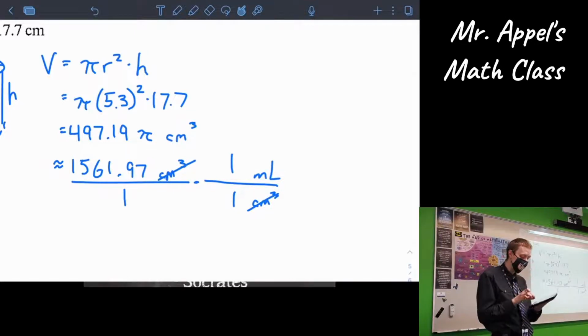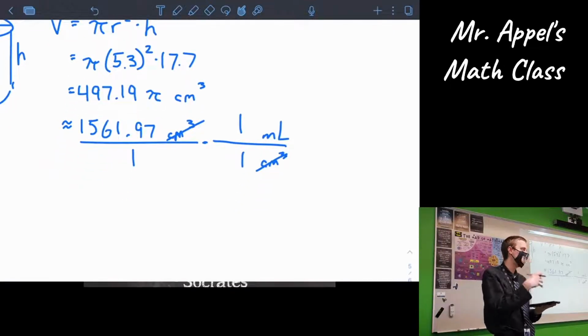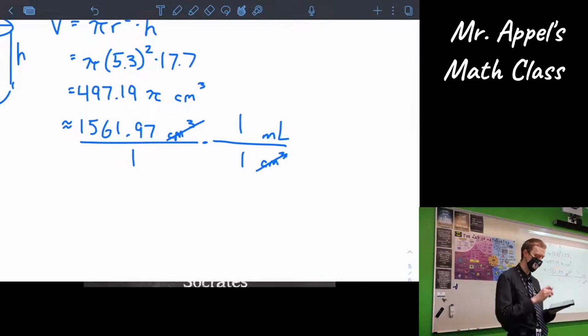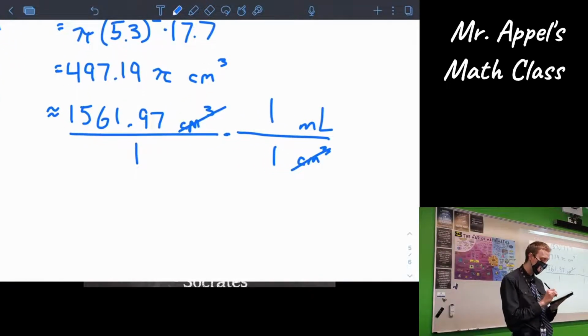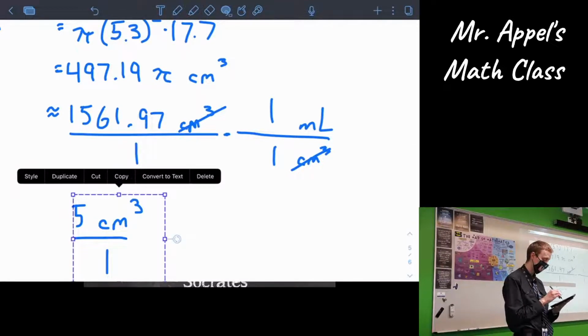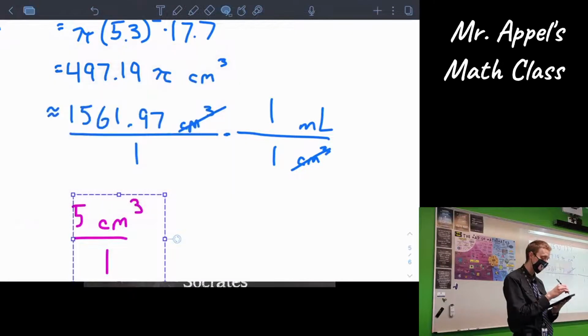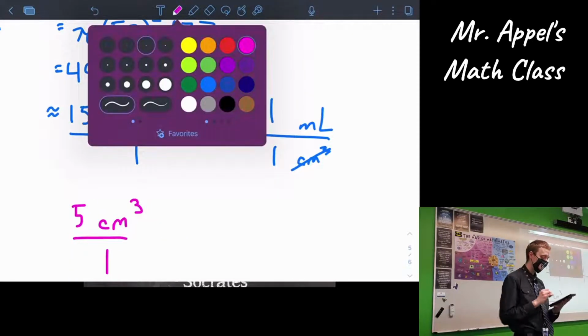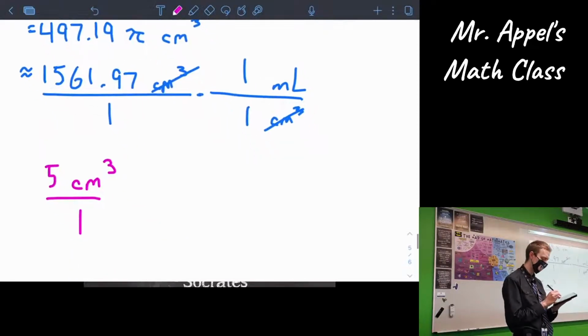If we were not doing that, if we wanted, say, cubic centimeters to cubic inches, okay, just go straight from metric to English, what would you have to do? If I had 5 centimeters cubed, for example, let's change the color here so it's not part of this problem, but for example, right?